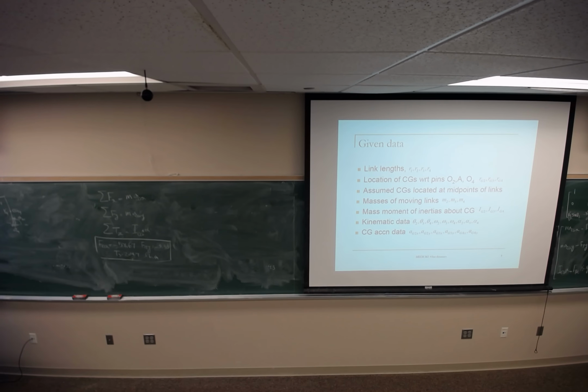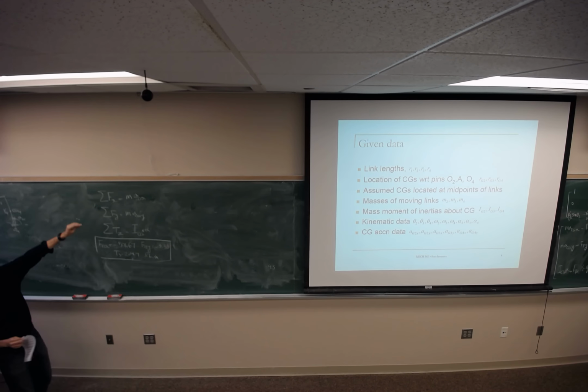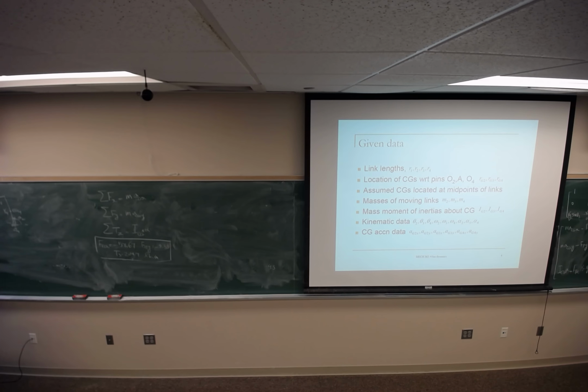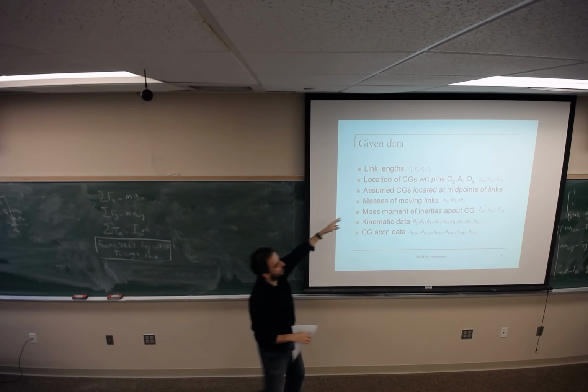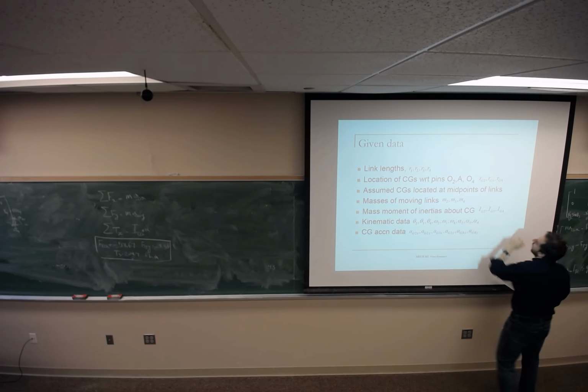We should know where the centers of gravity are. I assume that the center of gravity is at the midpoint of each link. If it's not, you just need to do some calculation to find RG2, RG3, and RG4.